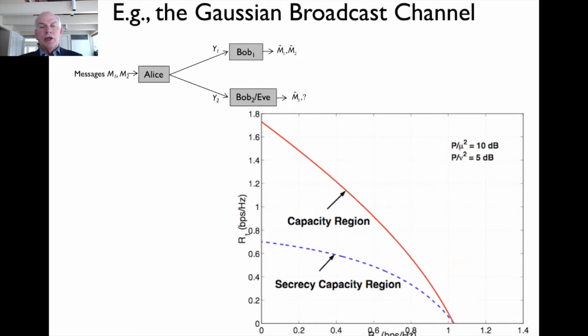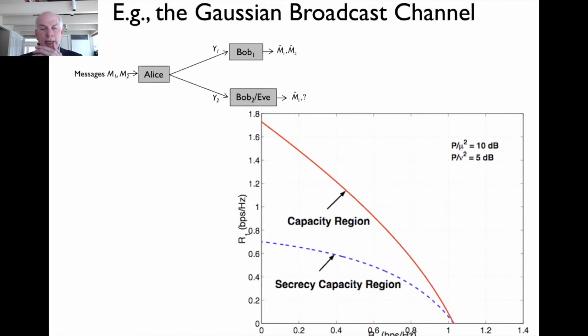So it's the set of rates at which you could send M1 and M2 through this channel reliably without any secrecy constraints. And then the dashed blue line is the outer boundary of the so-called secrecy capacity region, which shows us the range of rates that we can get if we want to keep message M2 secret from Bob 2.